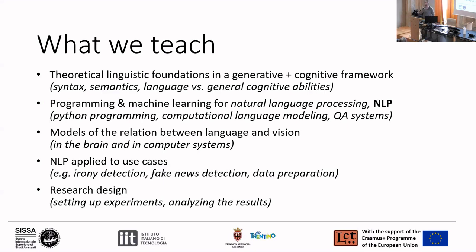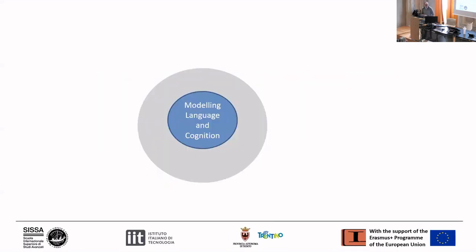And then we have general courses that are fundamental for anyone interested in working in experimental sciences. That means teaching the ability of setting up an experiment and analyzing the results.